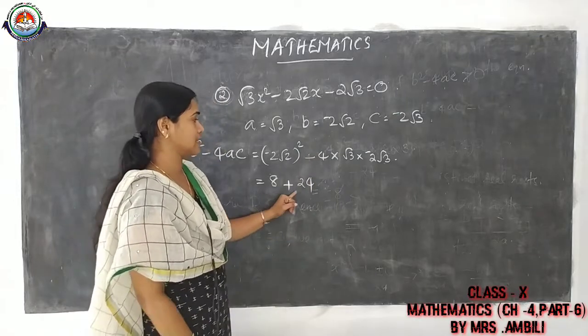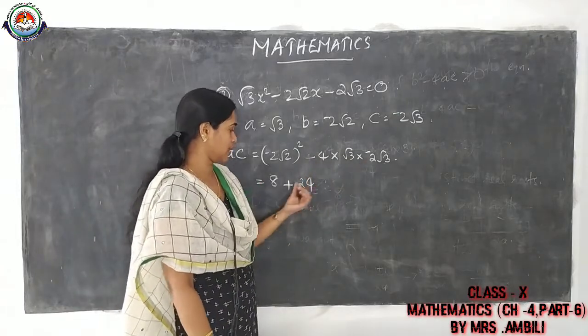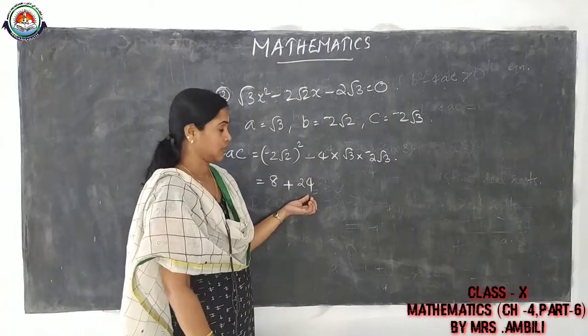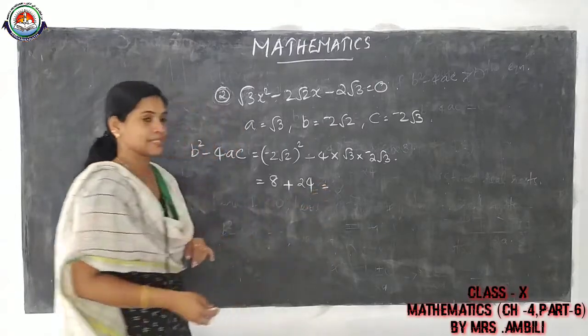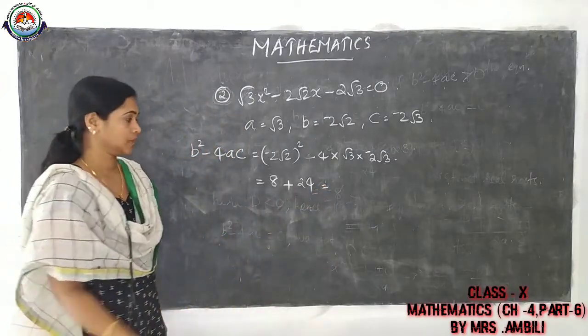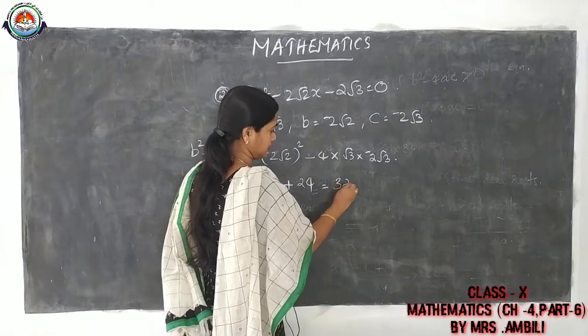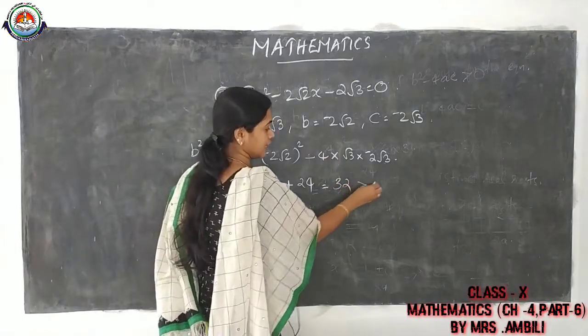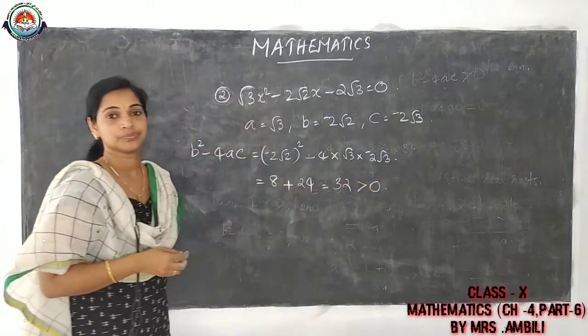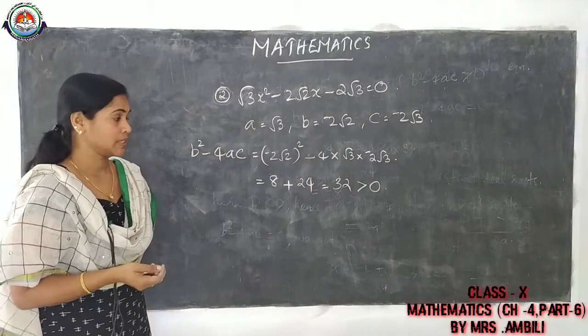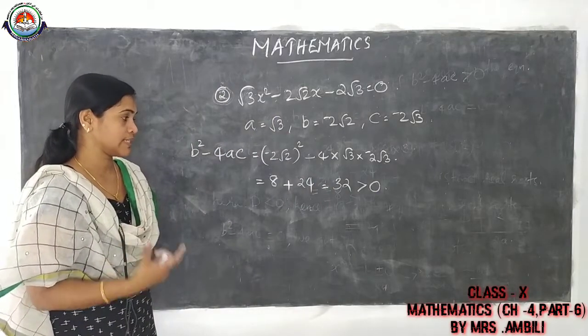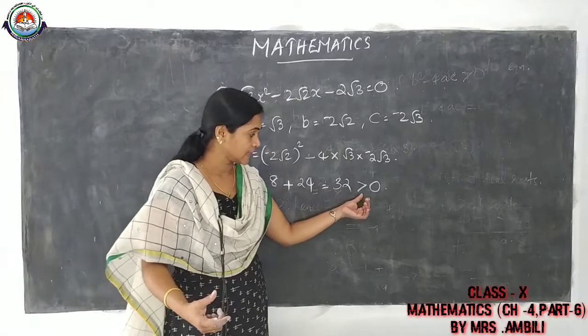So 8 plus 24, this minus and this minus, plus 24. That is equal to, what is 8 plus 24? 32. 32 is greater than 0. So what we got? B square minus 4ac, that is our discriminant, we got greater than 0.